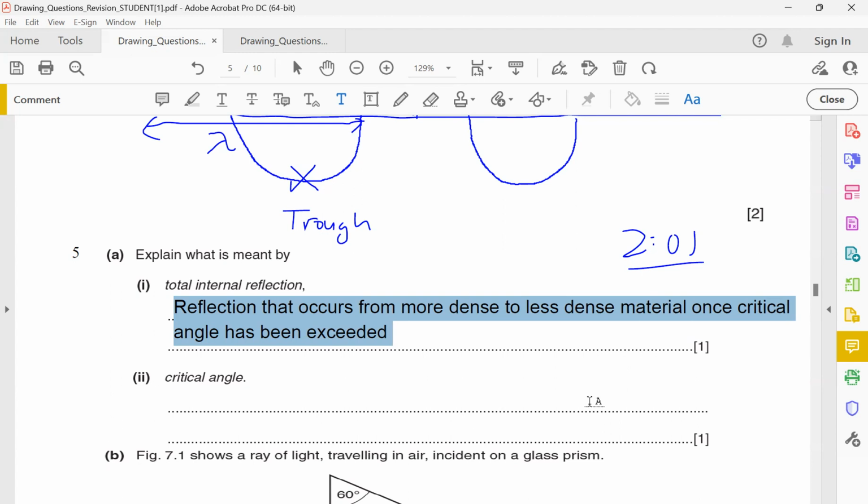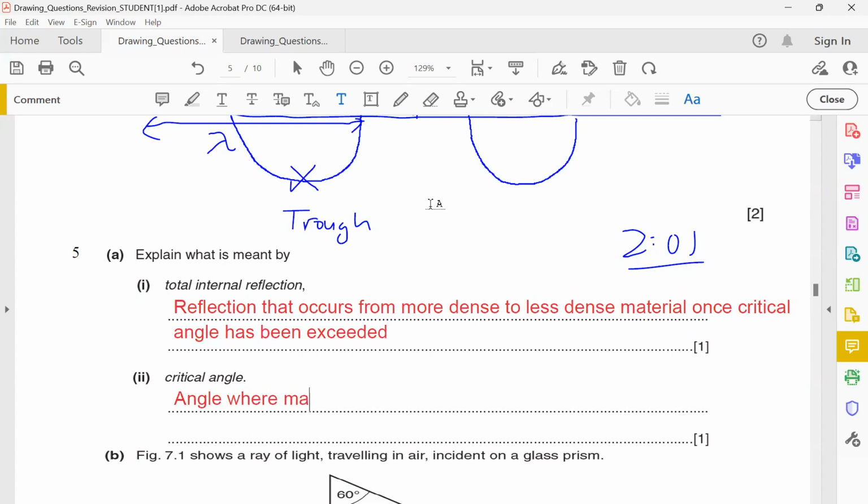Okay, everyone. Then critical angle, this one is a very common question. You will see it multiple times in your past year paper. Critical angle, how do I define it? Angle where what? Maximum refraction occurs. This is quite a popular one. You need to define this.